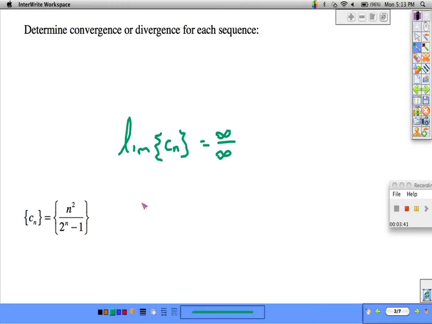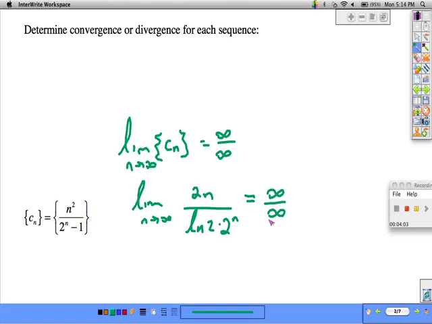So I'm going to take the derivative of the top and the bottom. On top I'll have 2n. On the bottom I will have the natural log of 2 times 2 to the n. And this is still in indeterminate form. It's still infinity over infinity.